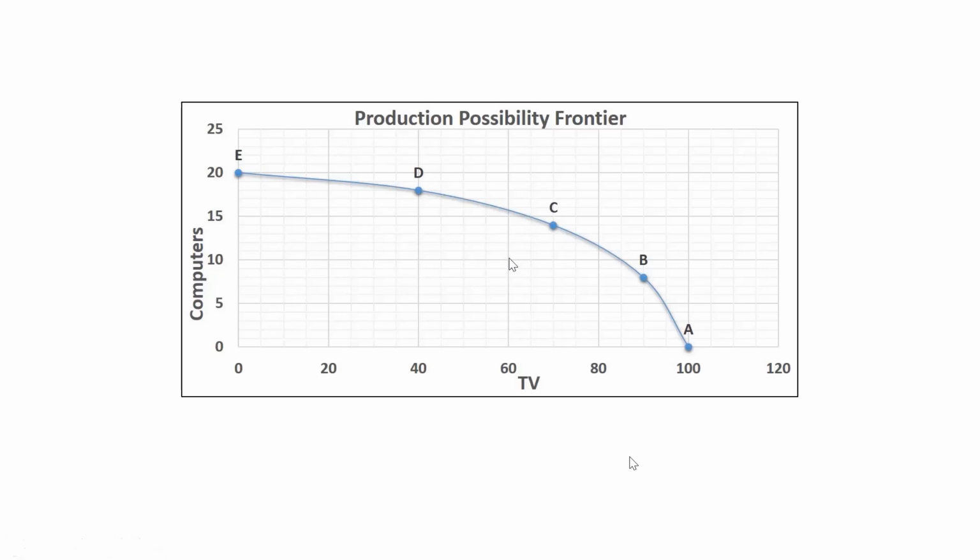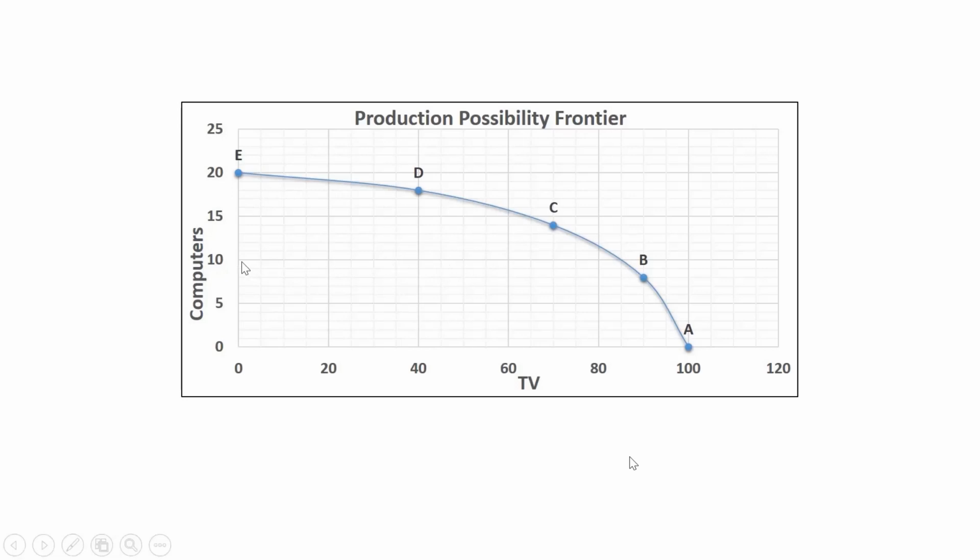With the available resource and technology, we can maintain our 60 units of TV, for example, and go up here to increase the quantities of computers beyond 16.